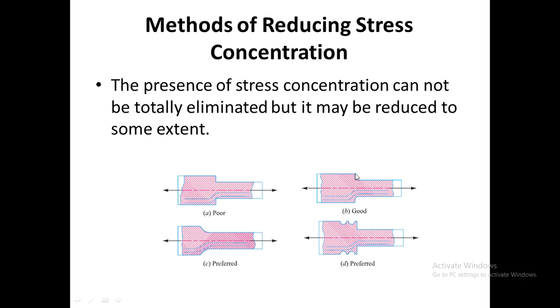Whereas here the dimension change is not very abrupt, so there is a gradual or smooth change, giving a better reduction in the stress concentration. Here there is a still smoother change in the dimension, and this is more preferred. And here we have notches provided to further reduce the stress concentration.